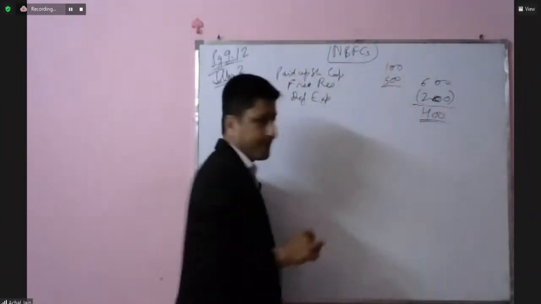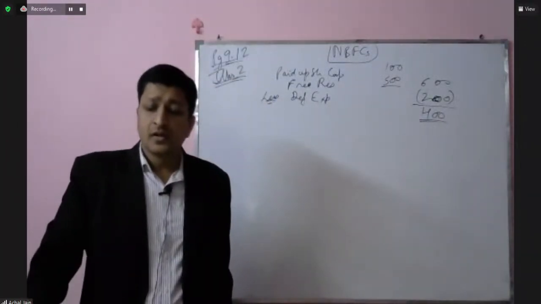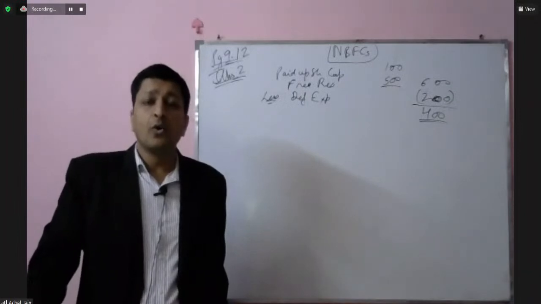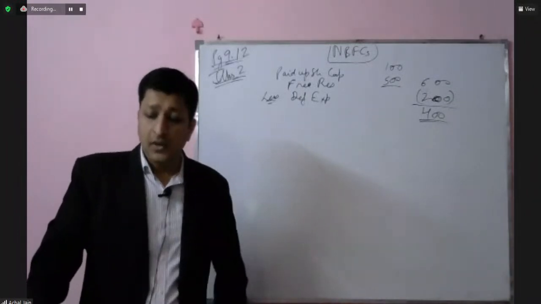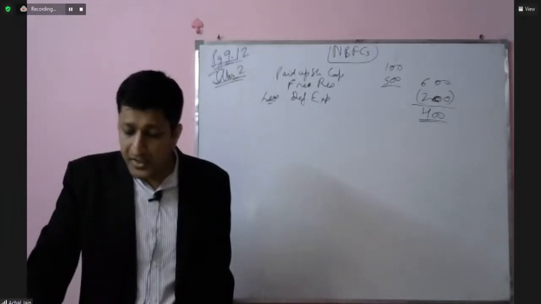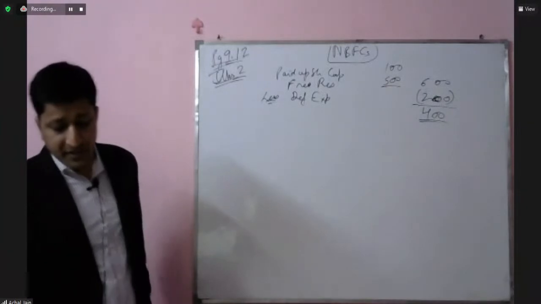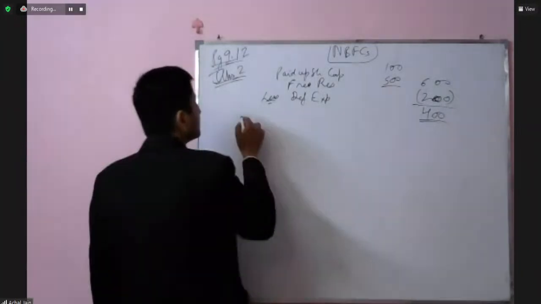Now, this is own fund. From this, we need to eliminate investments in shares of subsidiaries and group companies and investments in debentures of subsidiaries and group companies.